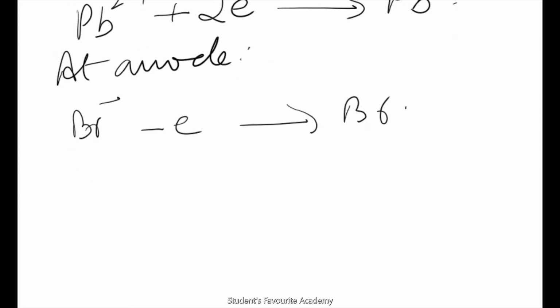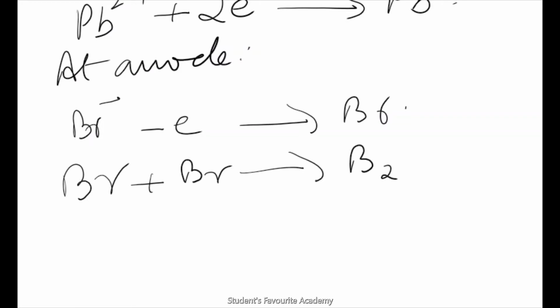Then 2 bromine atoms form bromine gas. Okay, so what are the products?